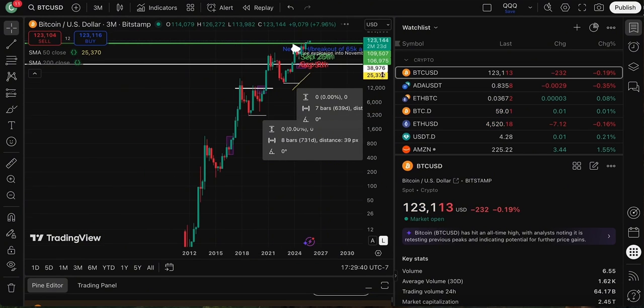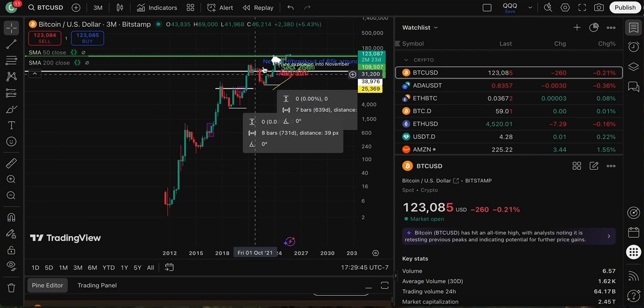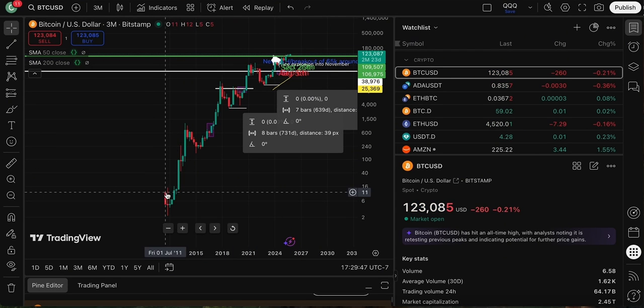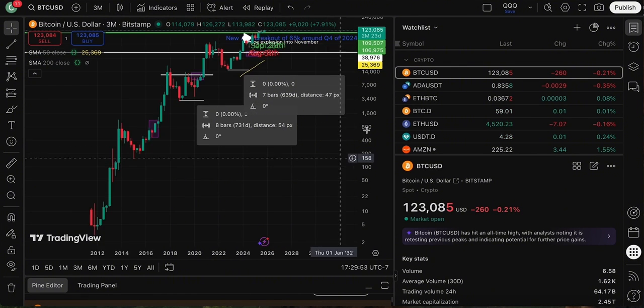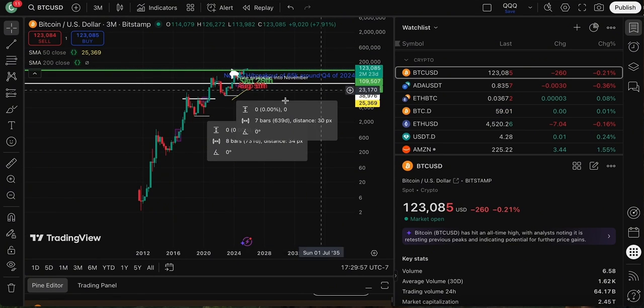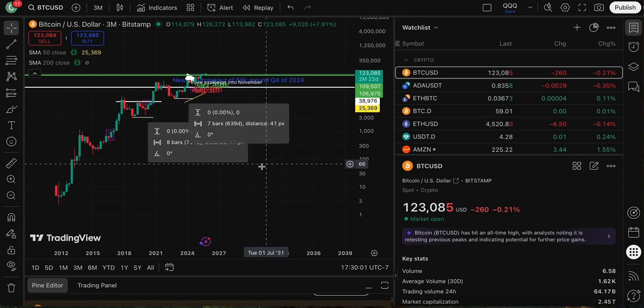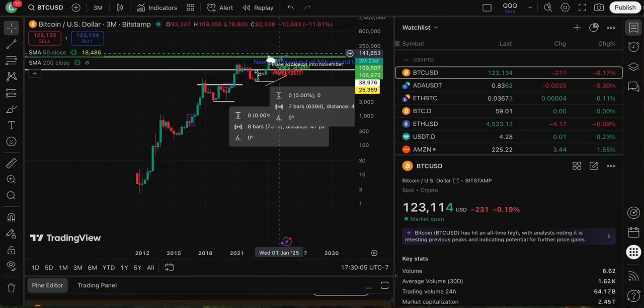Okay, and so now we're going into Bitcoin. What do you see? 2011, $8, $125,000 now. What do you think is happening? Remember, when you understand that the financial system is merely a reflection of the devaluation of the dollar, everything becomes more clear.